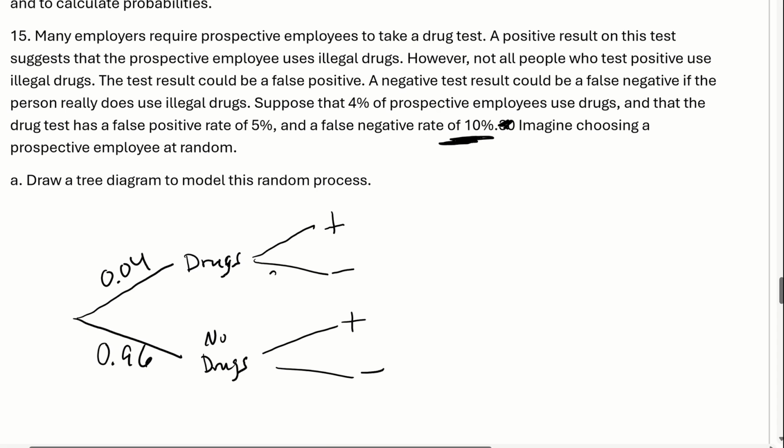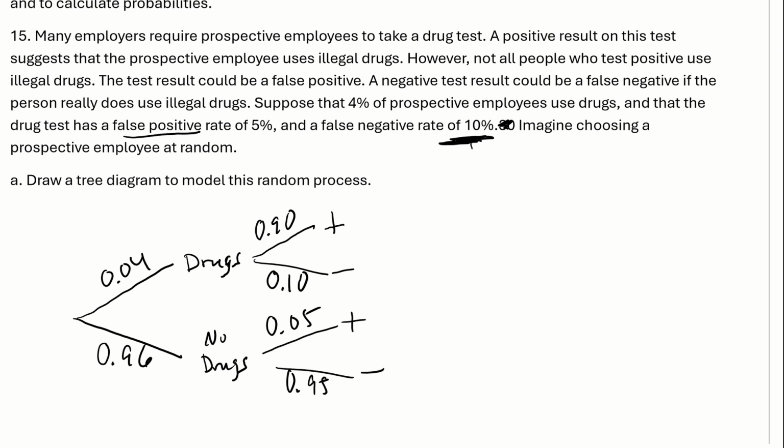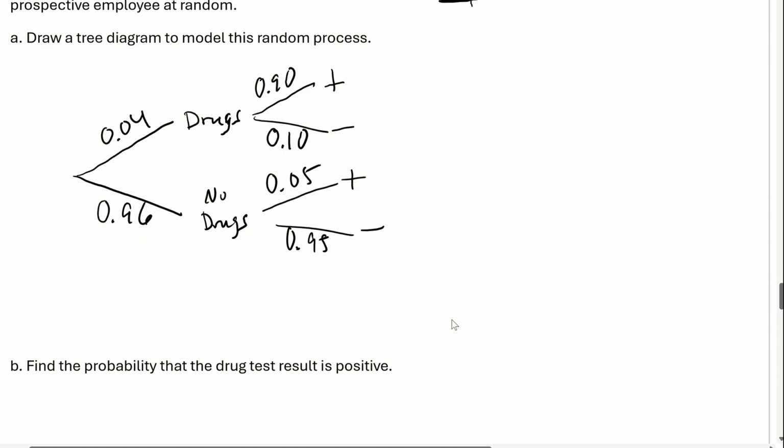So the probability that they test negative if they use drugs is 10%, which means that the probability that it tests positive if they do drugs is 90%. So you got to understand that process. Now, false positive means that it says that they test positive, but they didn't actually do any drugs. So that's over here, right? 5% that they test positive but they didn't do drugs, which means 95% that they test negative and they did no drugs. All right, there's your tree diagram.